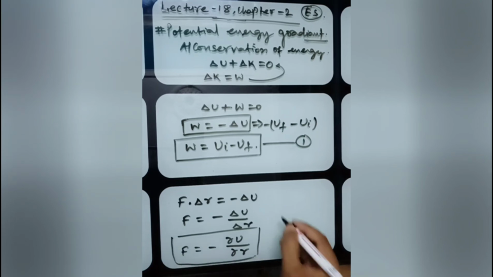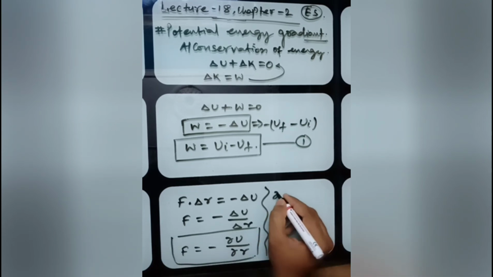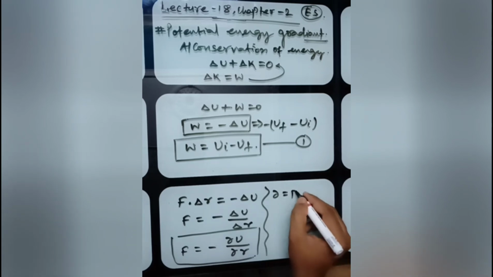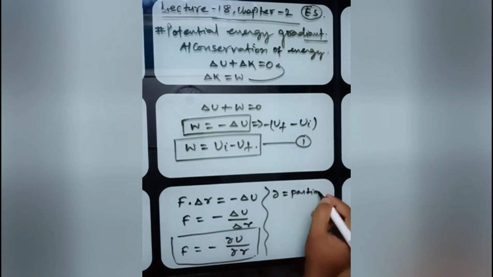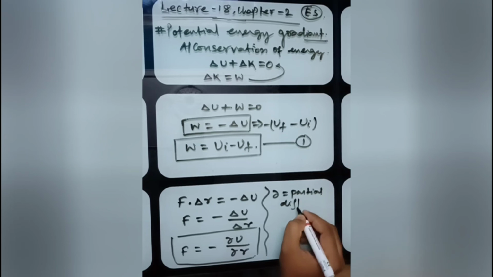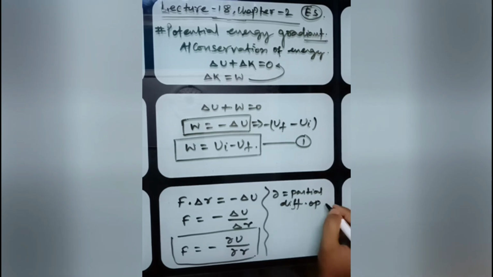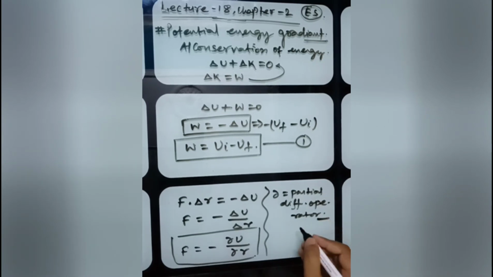Remember, this del represents the partial differential operator. I'll train you how to differentiate, but you have to write this formula in this way.